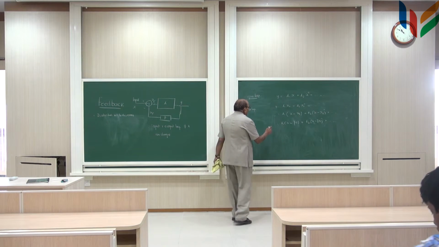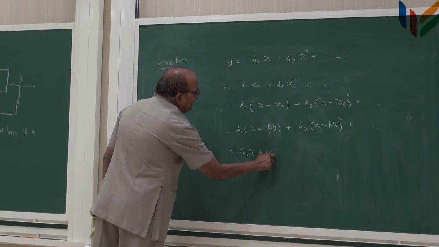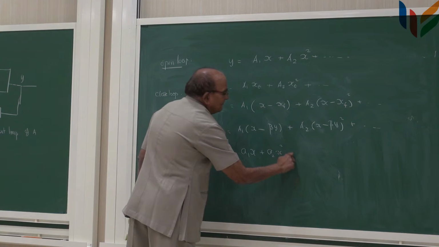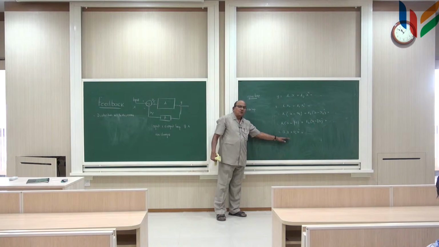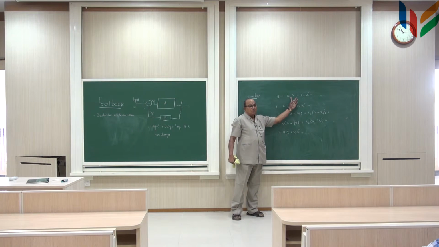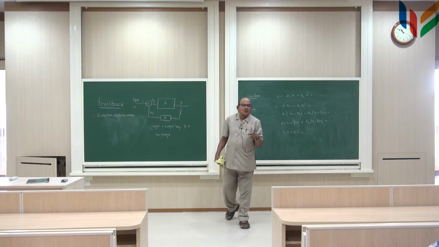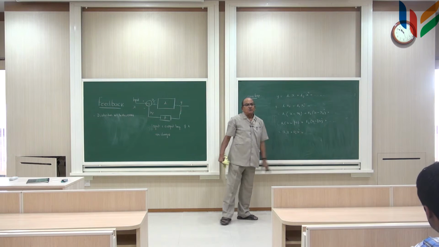So, let us do it as the following: let us call this a1 times x, plus a2 times x squared, and so on. That means this feedback connection gives you some amount of distortion for the input signal x with appropriate coefficients a1 and a2, which are different from the coefficients A1 and A2 because of the feedback. Let us find out what a1 and a2 are in terms of beta and in terms of the previous A1 and A2.